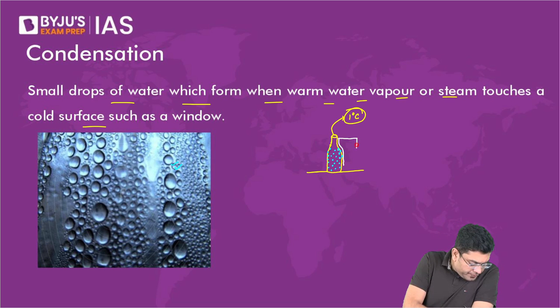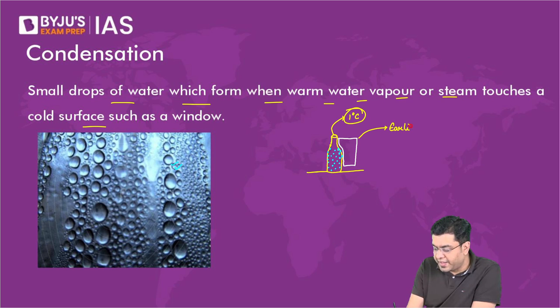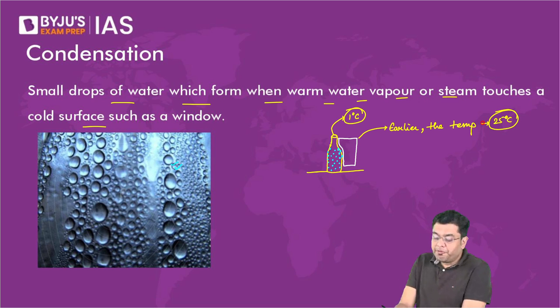Now let's suppose earlier the temperature of this parcel would be 20-25 degrees Celsius. Let's assume it is 25 degrees Celsius. When the temperature was 25 degrees Celsius, it was unsaturated air.